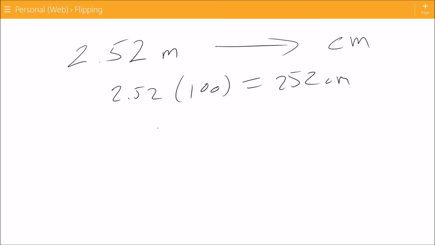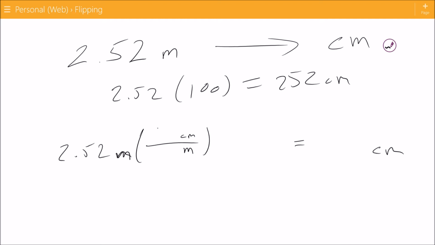Let's do this. If I've got 2.52 meters, and I know that my end result I want to be something with centimeters, I can think of it as multiplying by something that will cancel out the units. So this is meters, that is an M. I want to have meters on the bottom down there because if you have meters in the denominator and the numerator, they will cancel each other out.